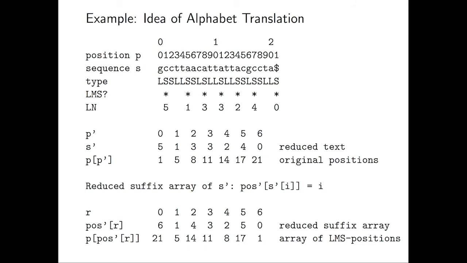So here this is called iteration step, and we need to do only one iteration to compute the suffix array of the reduced text that will give us the correct ordering of all the LMS suffixes corresponding to the LMS positions.